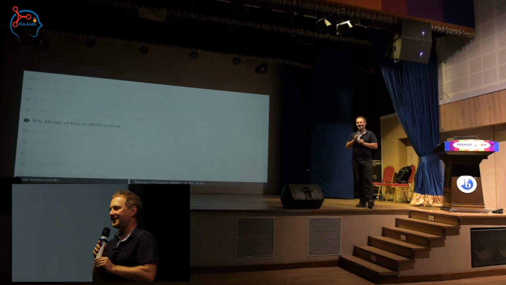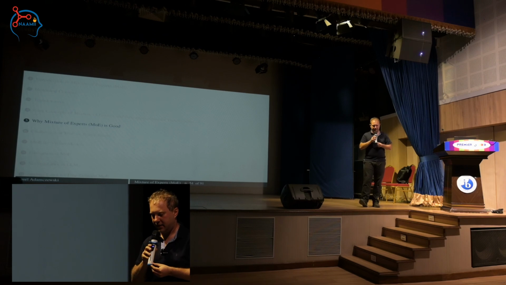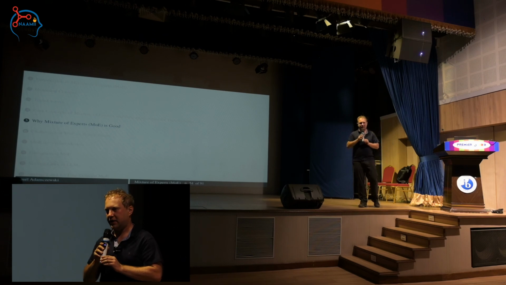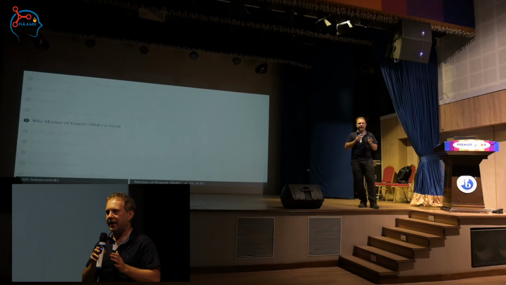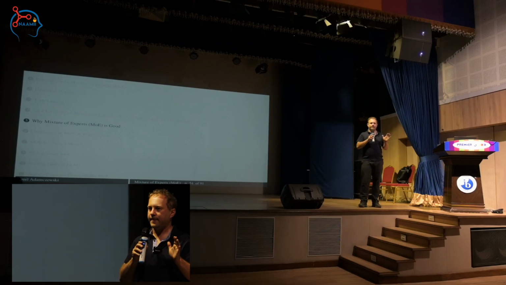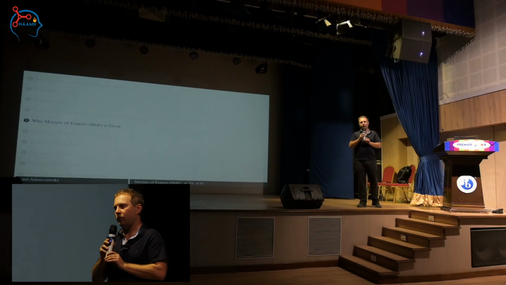Exactly. This is a very valid point, which we will see also when we talk about the challenges of MOE. One disadvantage of MOE is that we still need to load the entire model into the memory, and that is why there may be some reservations about using MOE.